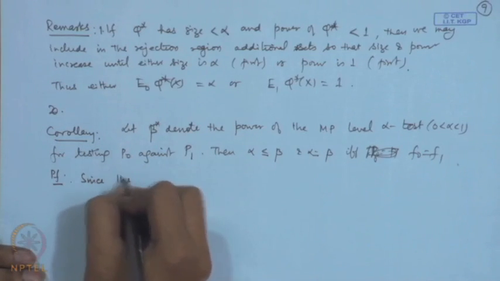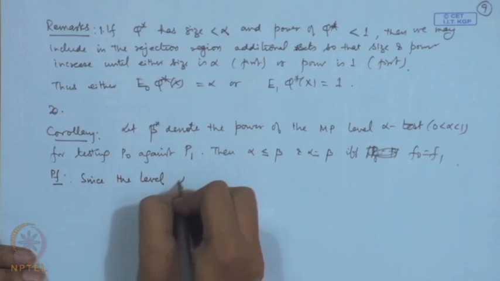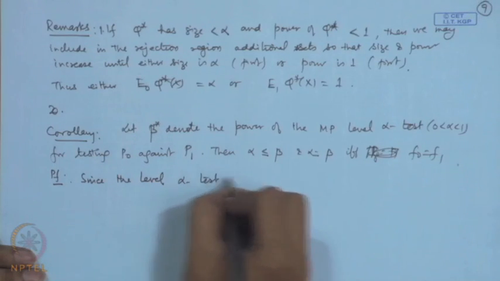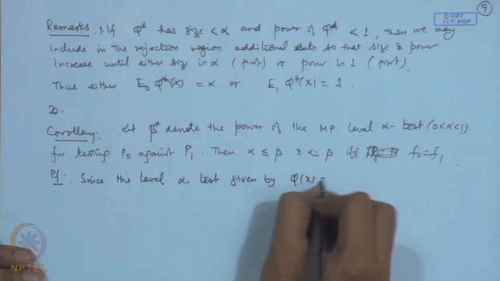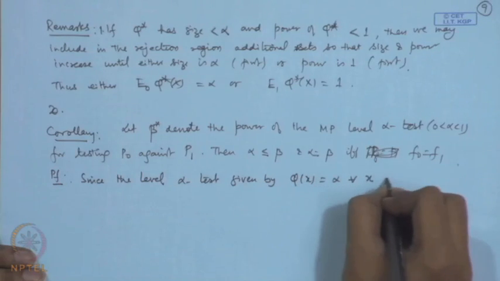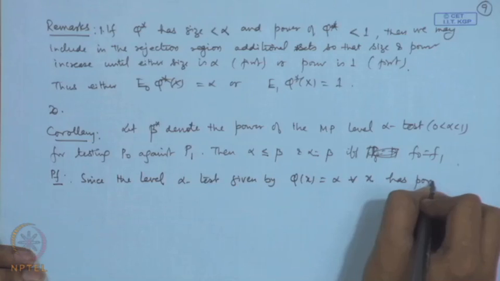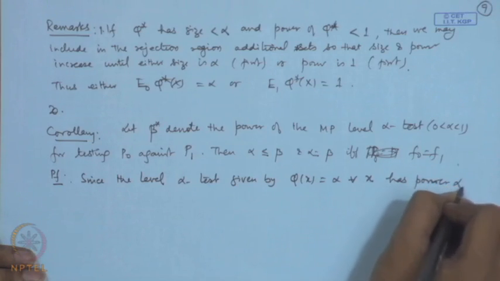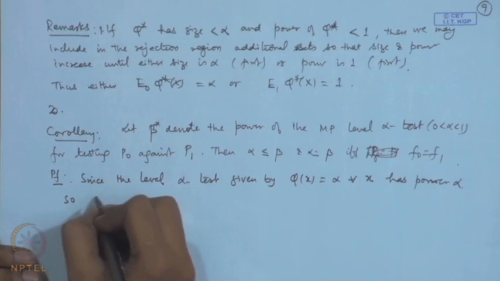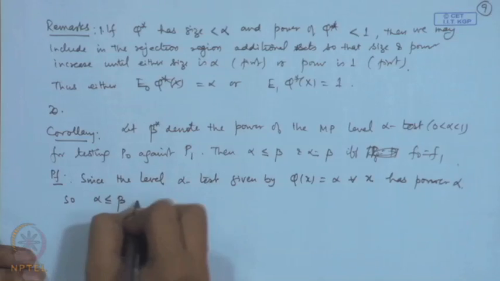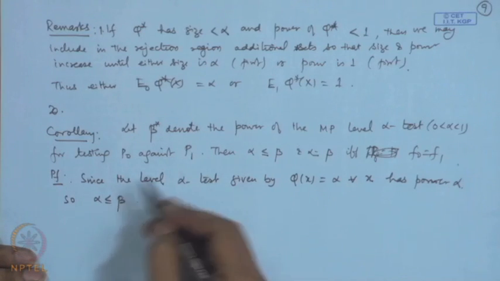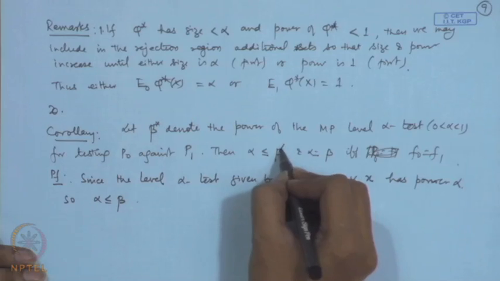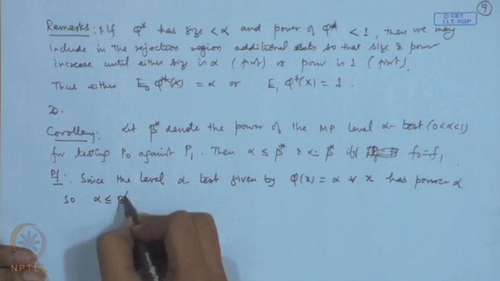Since the level alpha test given by phi x is equal to alpha for all x will have power alpha, alpha should be less than or equal to beta, because this is one of the tests with power alpha and beta is the most powerful test power.